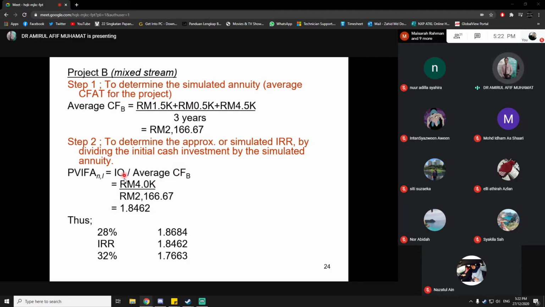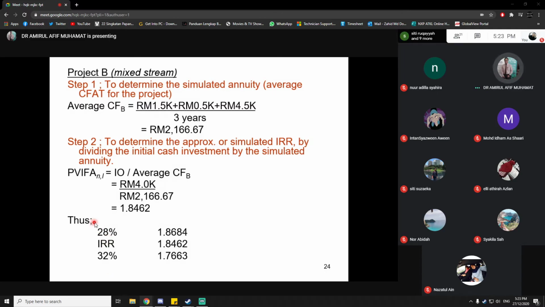So 4,000 is the initial outlay. 4,000 is the cost. Divide with the average, this is the factor. After you divide, the factor is 1.8462. And then you arrange. In this example, the factor is between 28 and 32%.